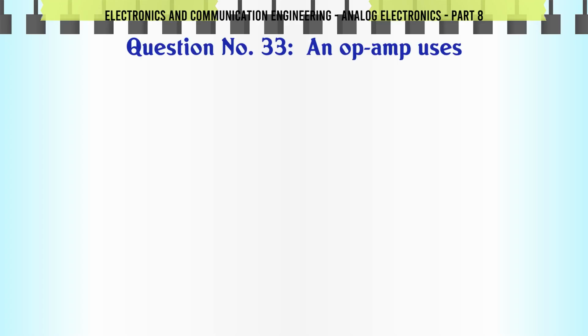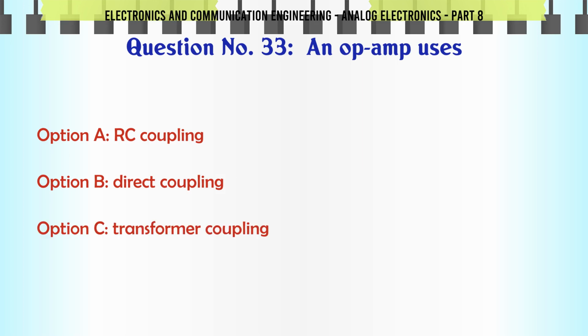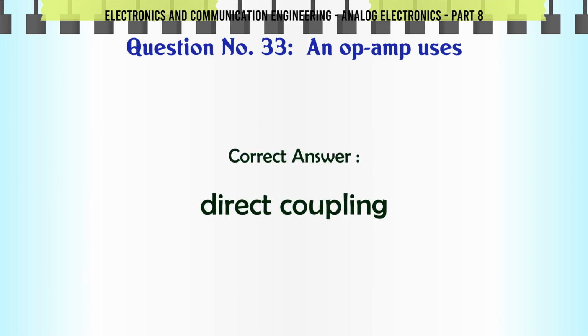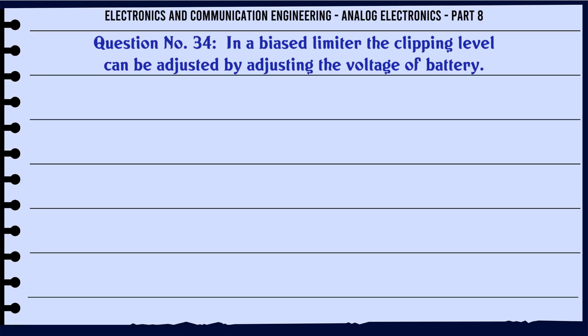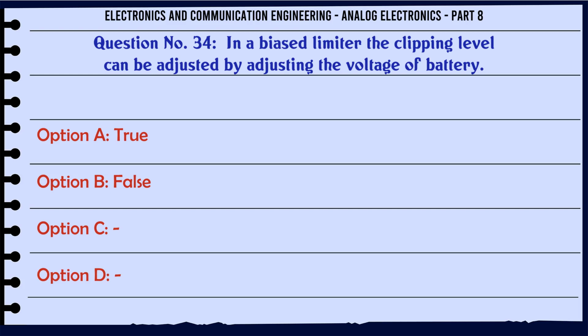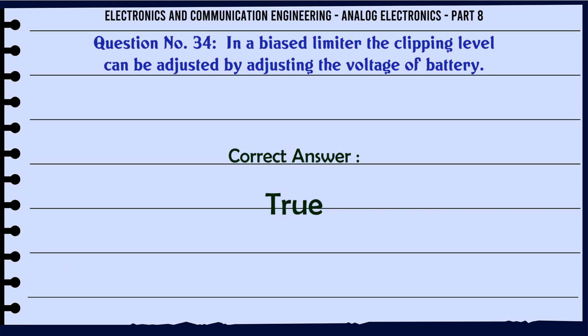An op-amp uses A. RC coupling, B. Direct coupling, C. Transformer coupling, D. Either B or C. The correct answer is direct coupling. In a biased limiter the clipping level can be adjusted by adjusting the voltage of the battery. A. True, B. False. The correct answer is true.